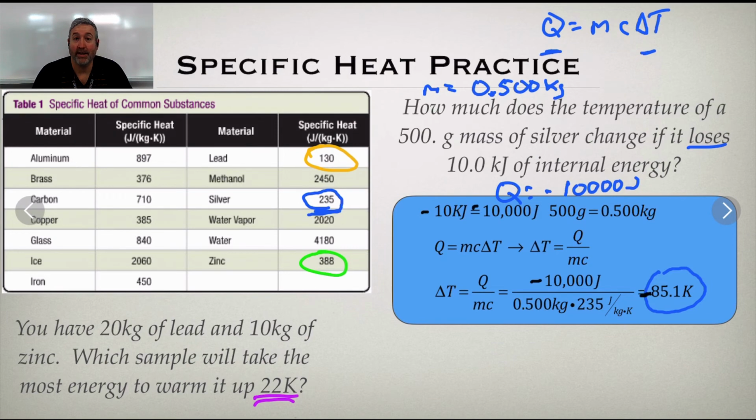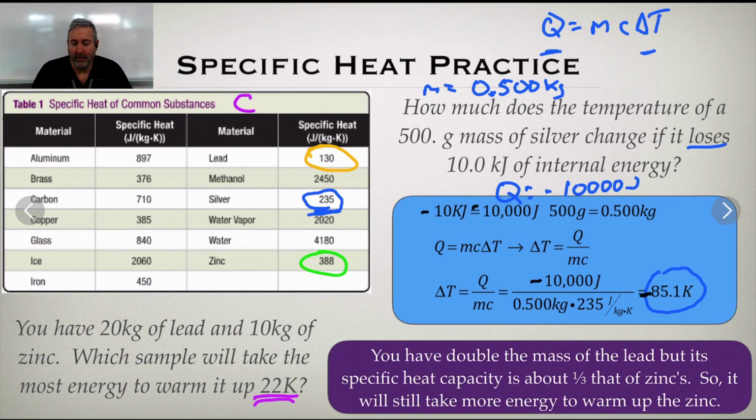The M is twice as much for the lead, but the C is less than half. 130 is less than half of 388. Since we have double the mass of lead, but its specific heat is about a third of zinc's, it's going to take more energy to warm up the zinc the same amount.